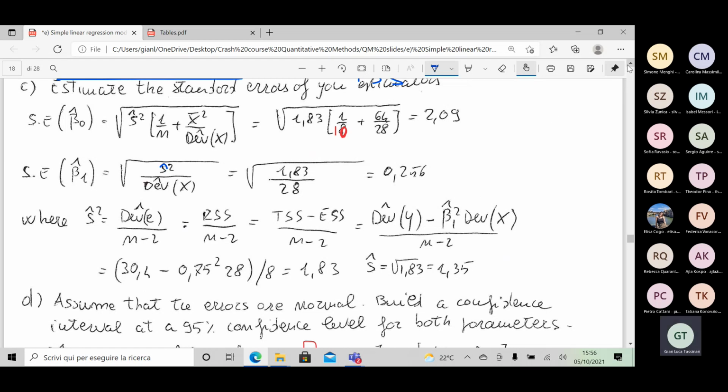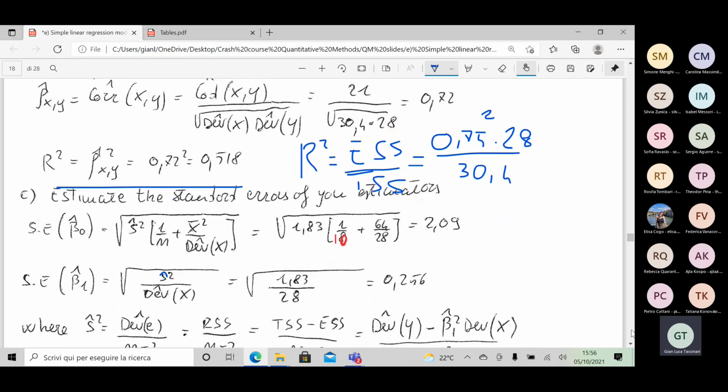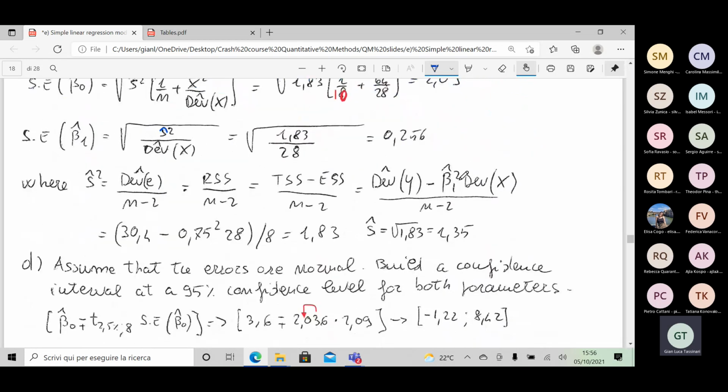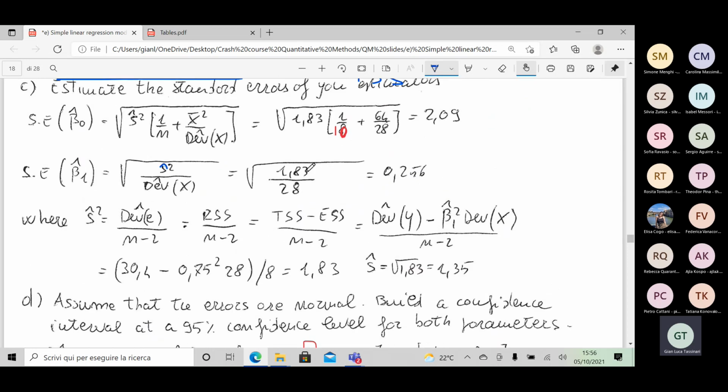You see, when I told you 0.75 squared times 28, this is the explained sum of squares, reported here. So put the number here, divided by 8, you get 1.83. So substitute 1.83. Okay, guys, here I computed also S hat, which is the square root of this one.